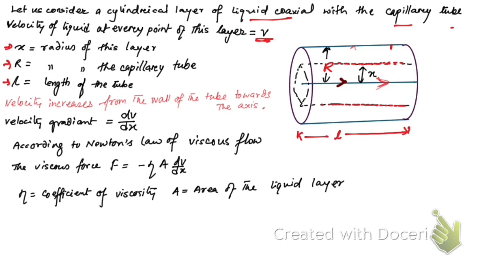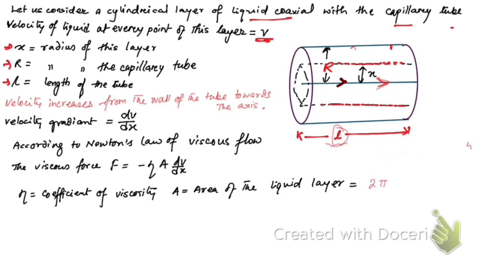So now you see, this area, if you consider this cylindrical coaxial layer, we know the curved surface area of a cylinder is 2 pi r into h. Here instead of h we take L. If the cylinder is vertical and height is h, we write this formula, but now it is horizontal, so we take the length.